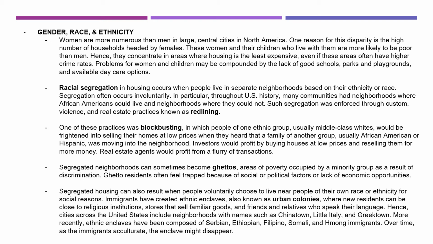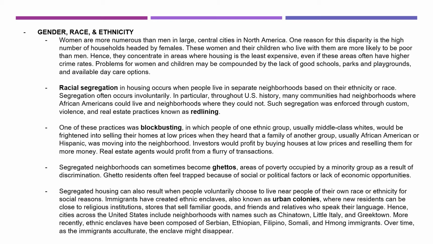Segregated housing can also result when people voluntarily choose to live near people of their own race or ethnicity for social reasons. Immigrants have created ethnic enclaves, also known as urban colonies, where new residents can be close to religious institutions, stores that sell familiar goods, and friends and relatives who speak their language.